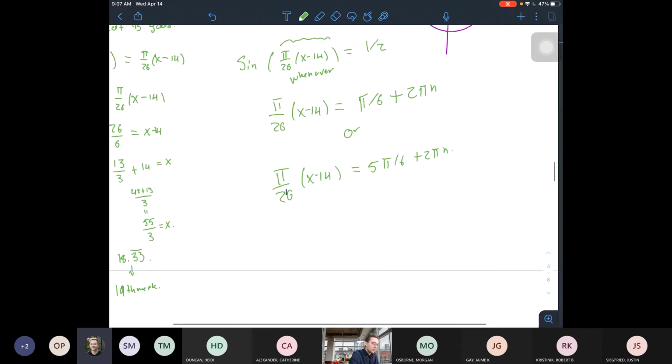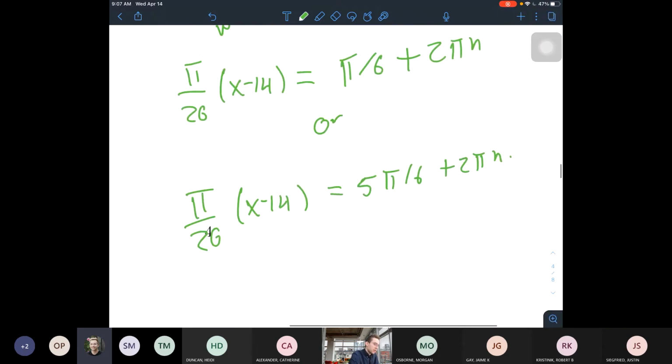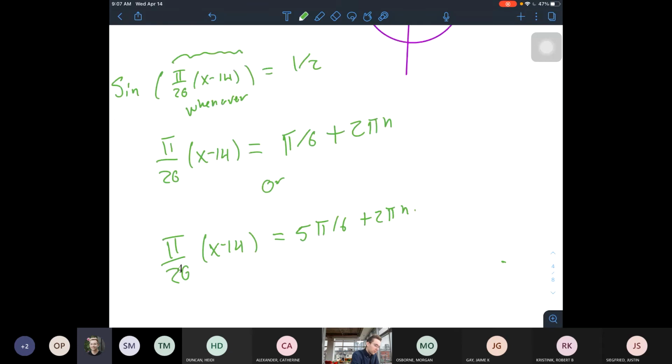Okay, and now what we should do at this point is solve each of these equations individually for x.